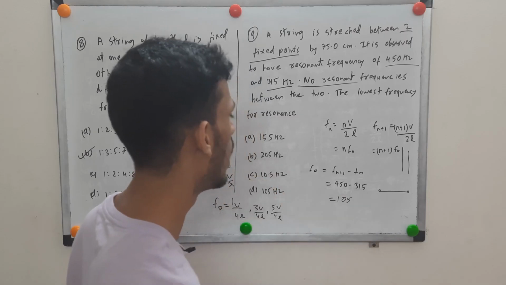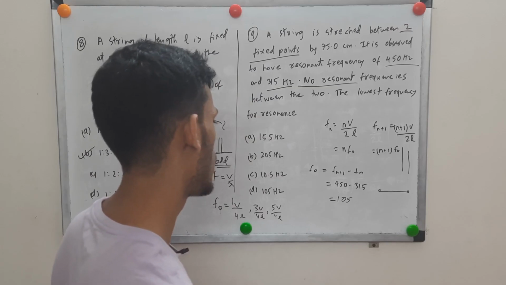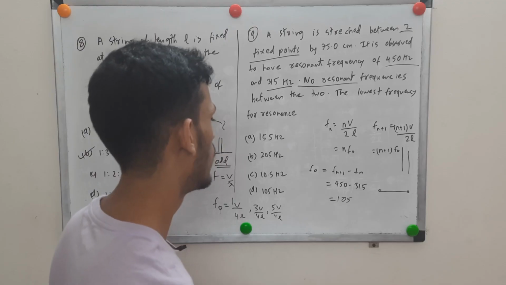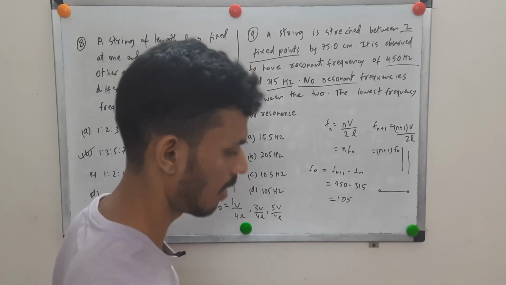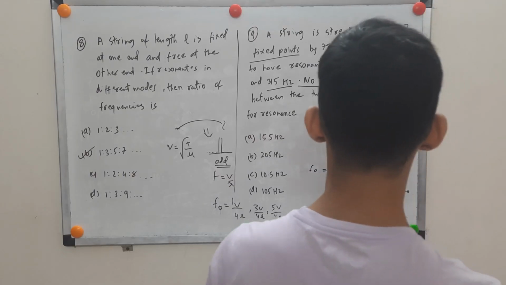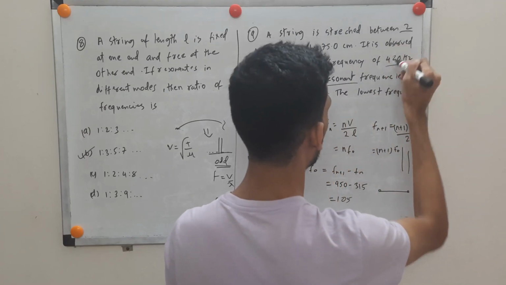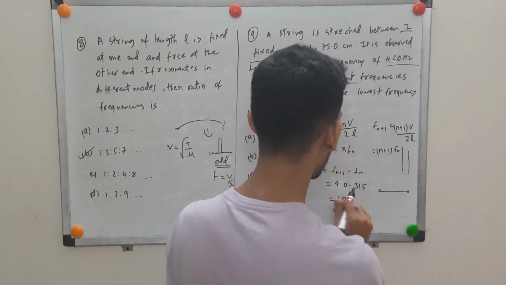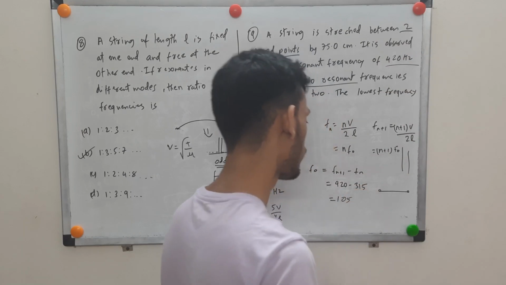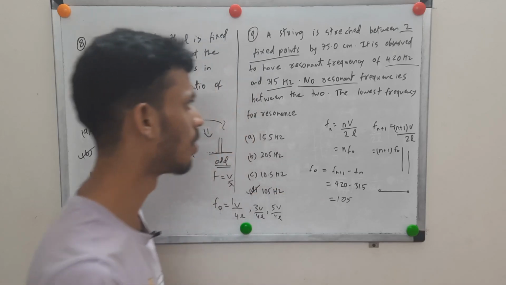If you remove 15 from there, what is happening? Okay, so I think there is a mistake in this question. I think this is 420. So this should be 420. So 420 minus 315 will give you 105, which is option D.